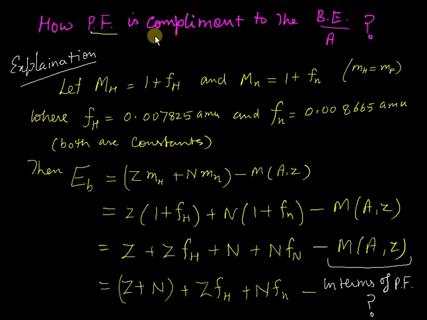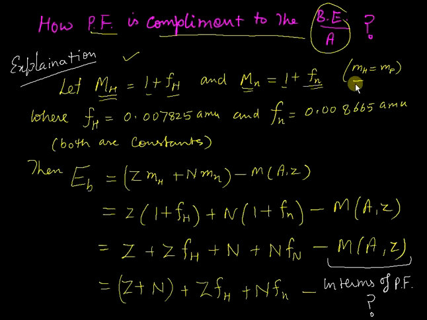How is packing fraction complementary to the binding energy per nucleon? This is the main question, the main concept I have to discuss. So, the explanation: here I have considered that the mass of the proton is equal to 1 plus F_H, and M_n, the mass of the neutron, is equal to 1 plus F_n.